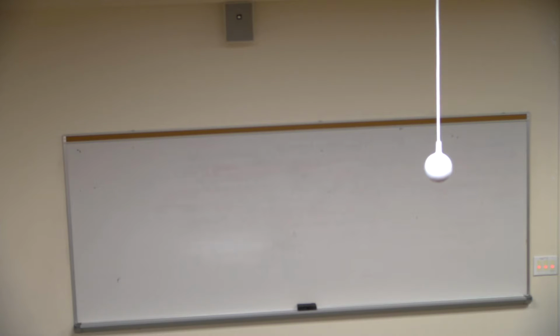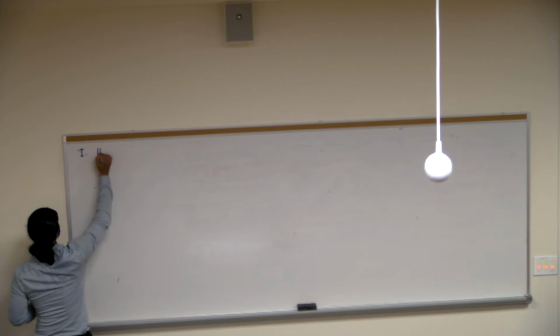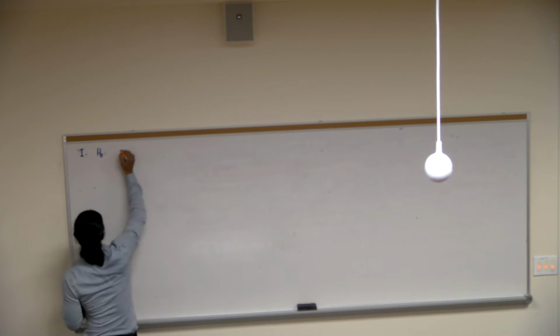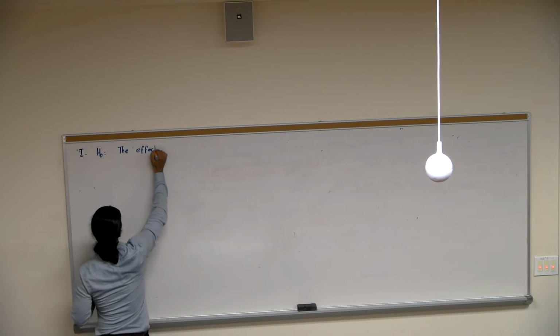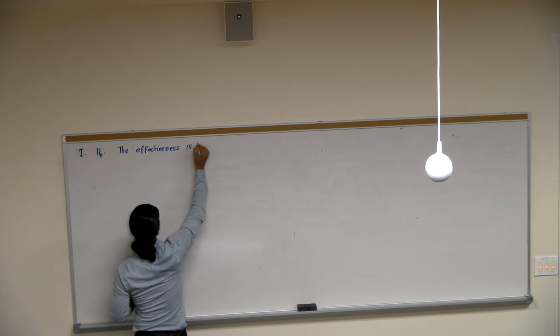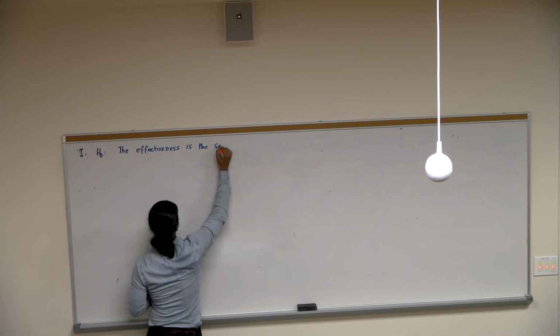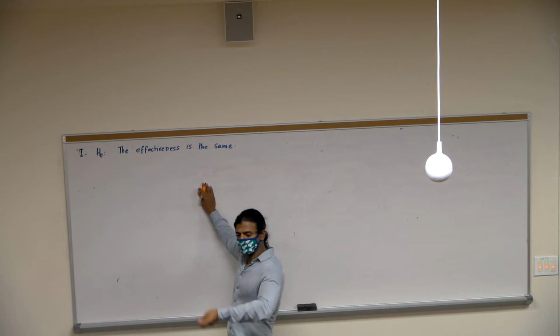So the very first step is to come up with the definition. What is the norm in this case? That the effectiveness is the same. Something being the same simply means homogeneous.